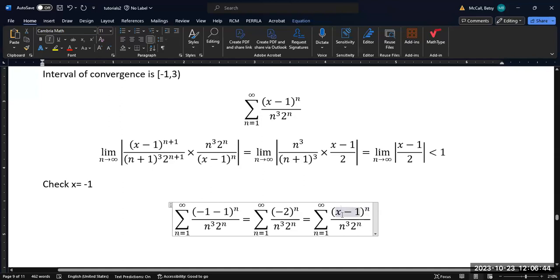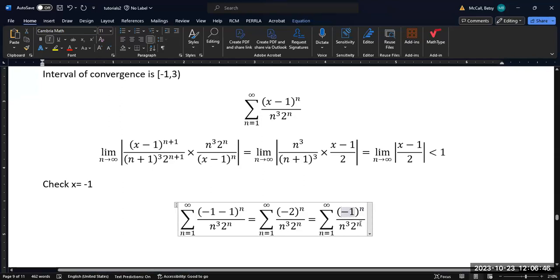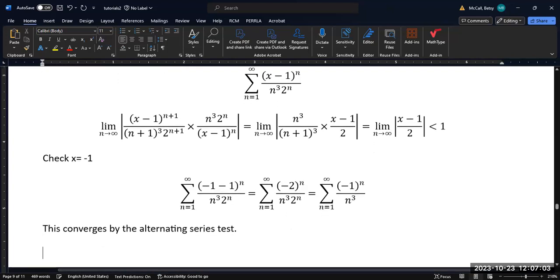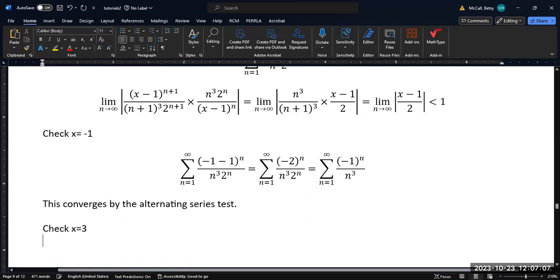And we're just going to be left with -1 over n cubed. And so, of course, this converges by the alternating series test. And so the -1 endpoint has to be included. We saw that before.